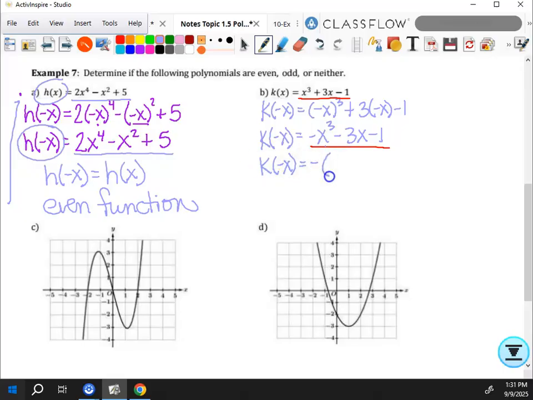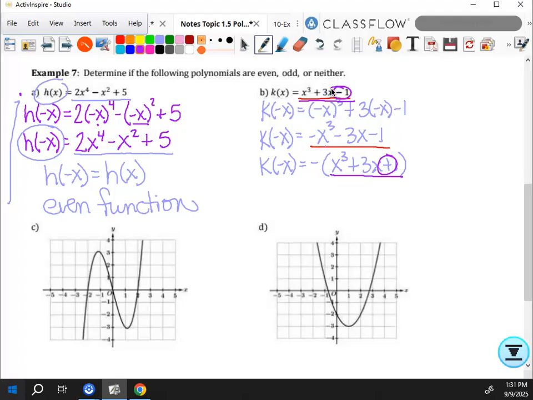Now factor out that negative. That leaves me with x cubed plus 3x plus 1. Then I ask myself, does what's inside these parentheses look exactly like what I started with? No, it's pretty close, but this throws it off, right?